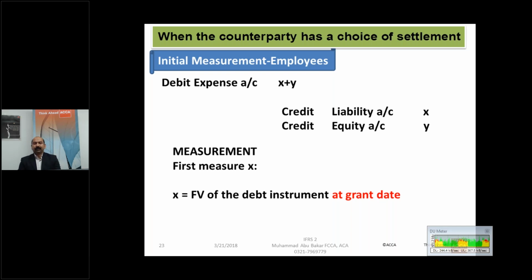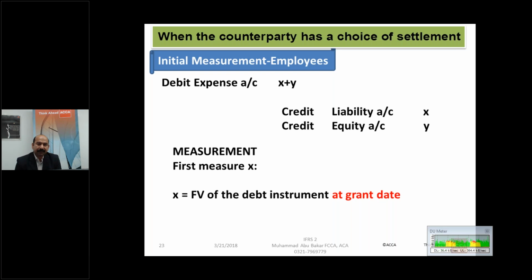This means, first of all, this is the case of an employee. If you just recall, when we discussed equity settled share-based payment, the measurement was different for employees and different for parties other than employees. Again, here is an option.